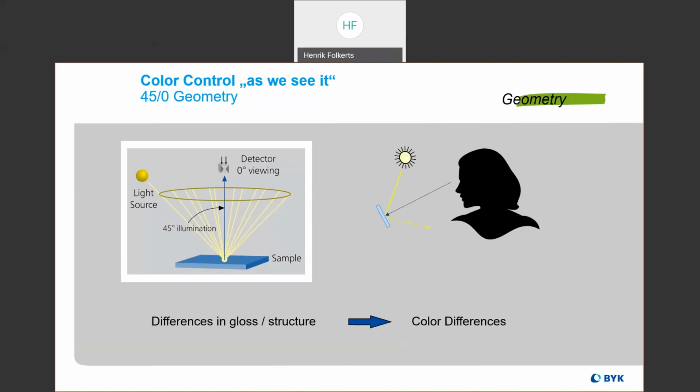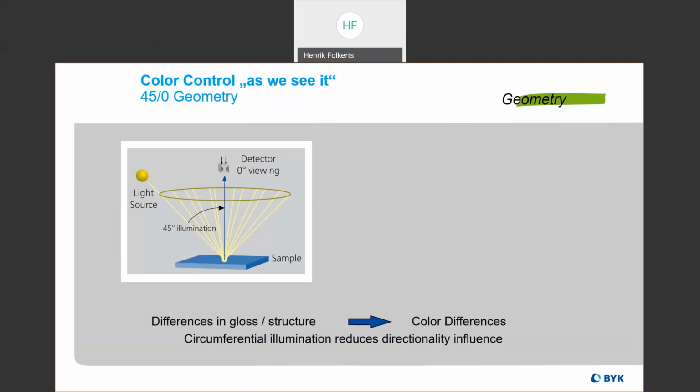The 45-0 instrument will also measure it that way, where it's going to see color differences due to just differences in gloss or texture in the surface. So that's the 45-0 instrument. And the circumferential illumination reduces the influence of directionality, so that you can orient it any way you want on the surface and get essentially the same results.